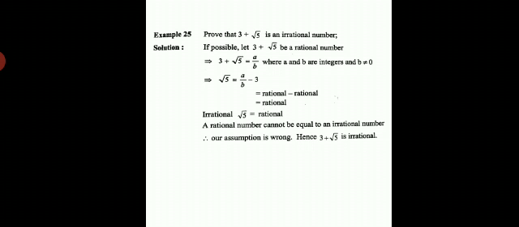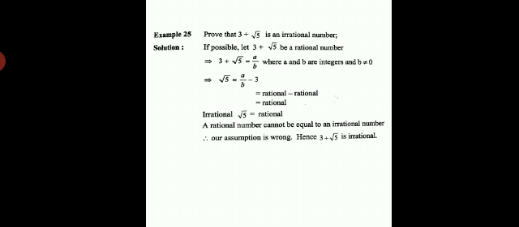Next example: prove that 3 plus root 5 is an irrational number. So, if possible, let 3 plus root 5 be a rational number. Compare this rational number with a upon b, where a and b are integers and denominator b is not equal to 0.